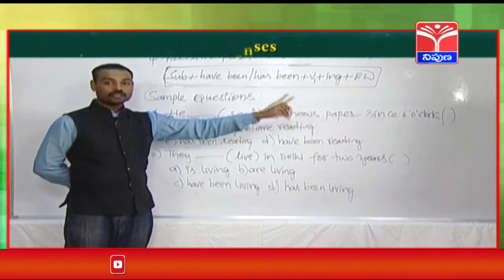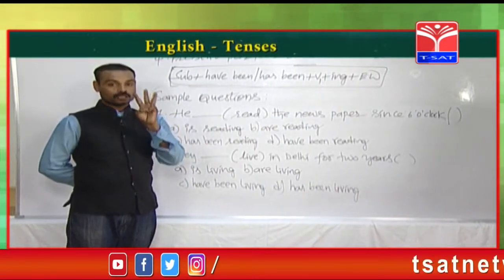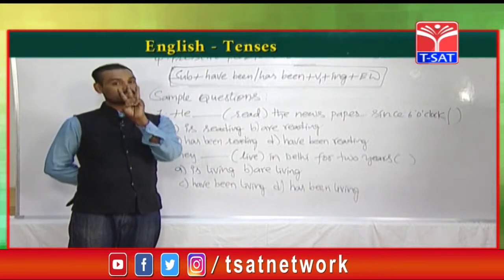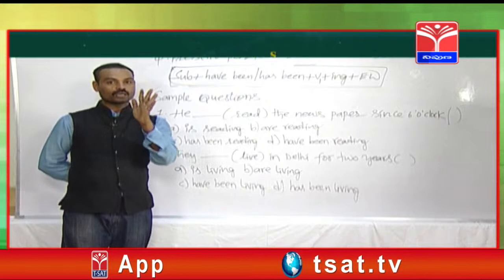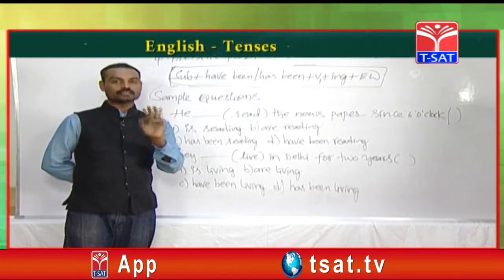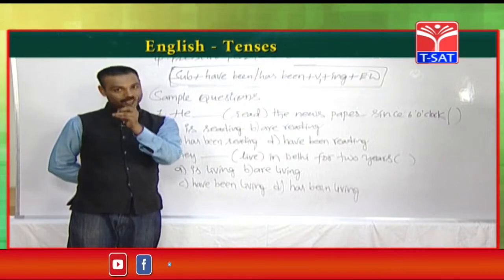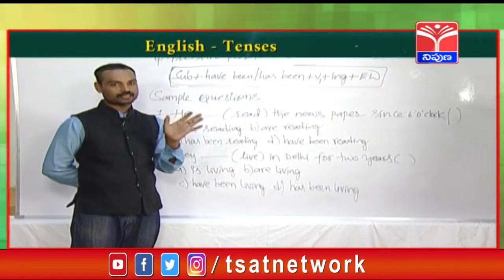See, since. Whenever you find since or for and how long, in every tense there will be some keywords, I told you. So in this tense there are 3 keywords. They are since, for and how long. Whenever you find these 3 keywords, you should understand that that sentence has been given from present perfect continuous tense.